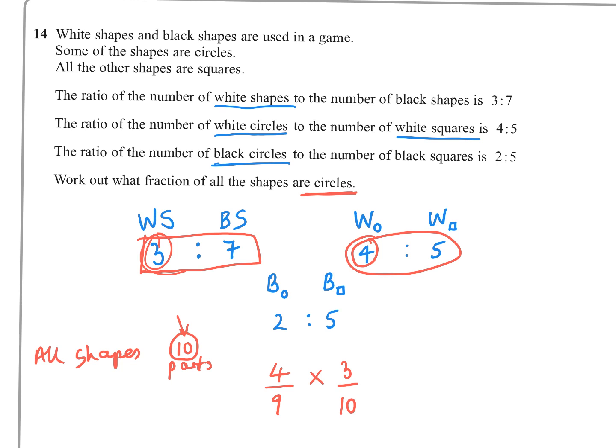We want to now look at black circles. Okay, so 2 out of 7 are black circles compared to black squares, but if we look at the proportion of black shapes, well, that's 7 for every 10.